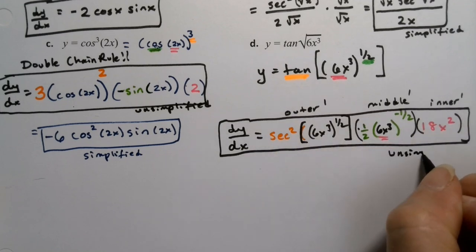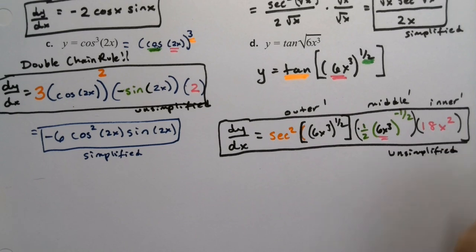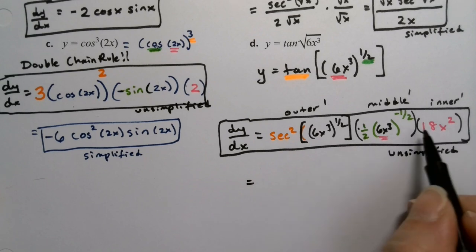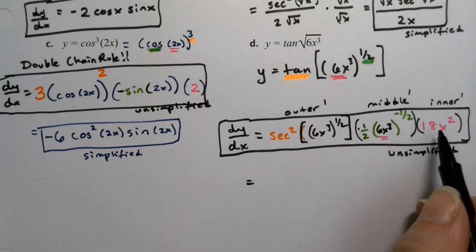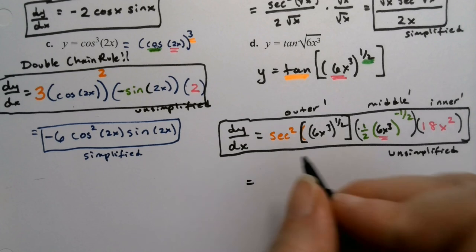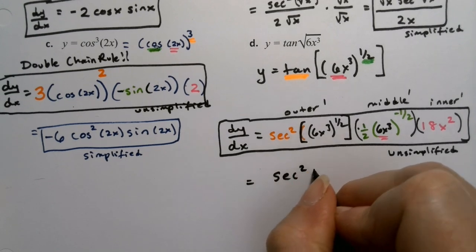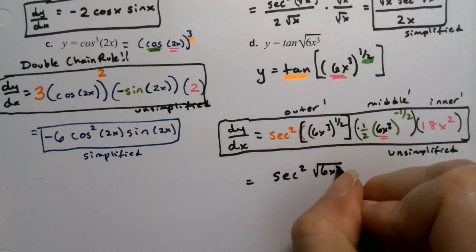If they ask you to simplify it for whatever reason, well, let's see. 2 goes into 18 9 times. So let's think. This is the secant squared of the square root of 6x cubed. Actually, let me just write it out.